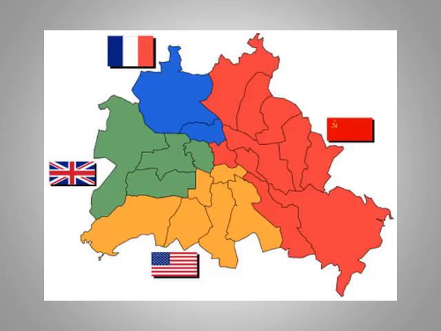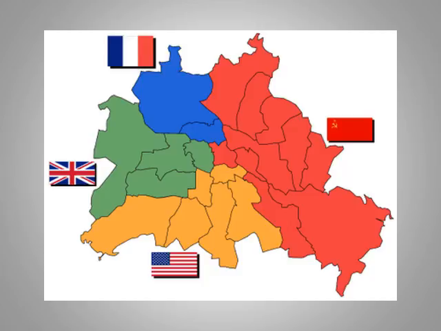If we were to look at the previous map, you'd see that you'd have to get through Soviet territory to get to the blue, green, and yellow portions of Berlin. And what Stalin could do was basically put a blockade all along the western boundaries of the Allied control of Berlin. Okay?